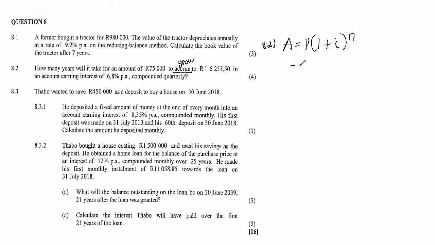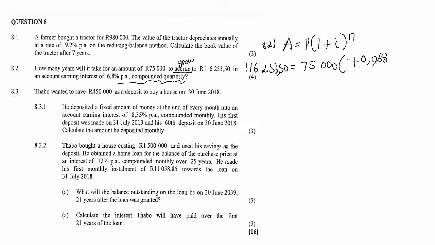So we have our principal amount is 75,000, and then our accumulated amount, this is the amount that it grows to, 116,253.50, like that. Then we have 1 plus our interest here, 6.8% will be written as 0.068. But then remember, this is compounded quarterly.